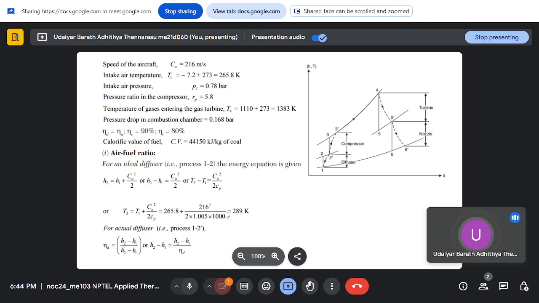So this is for an ideal diffuser, but our diffuser is not ideal, so it has an efficiency of 90%. The diffuser efficiency is defined as H2 minus H1, which is the actual enthalpy change, divided by H2 dash minus H1.